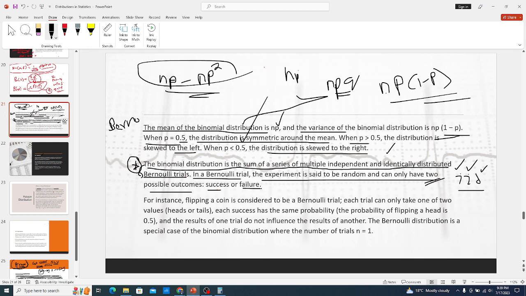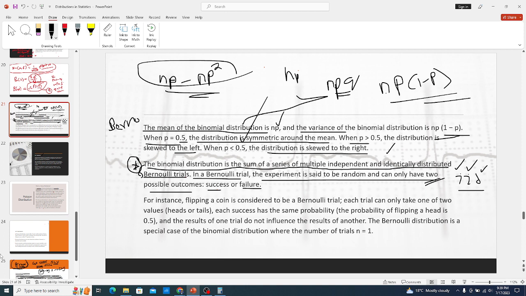That's the difference between Bernoulli and binomial. Bernoulli involves only one trial, meaning n is equal to 1, like flipping a coin once. If we toss a second time, it changes from Bernoulli to binomial distribution.